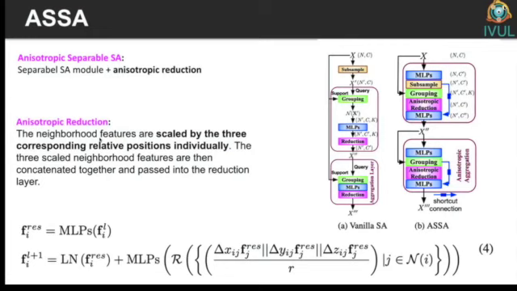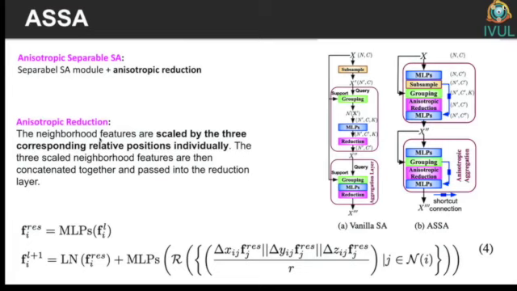We then perform a reduction layer along the neighborhood dimension to obtain the aggregated neighborhood information. We process the aggregated neighborhood information by a shared MLP again, and add that back to the point features using the shortcut connection. The ASSANet module is shown in the right figure.